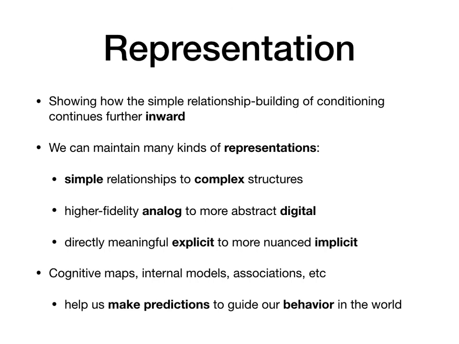And then there's directly meaningful, explicit representations that point to things, sort of shared experiences, right? Things that we can point to and say, your representation of that is similar to mine. Versus more complex, implicit representations that don't point directly to the world, but do highlight relationships in the world. All for the purpose of helping us to make predictions that guide our behavior.